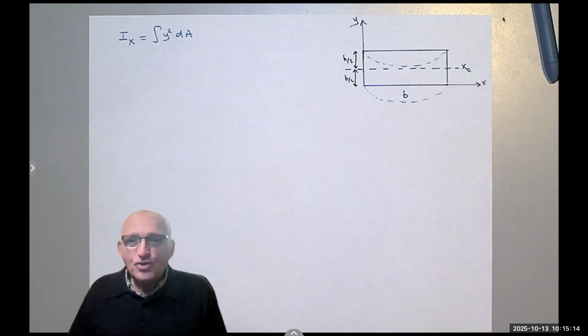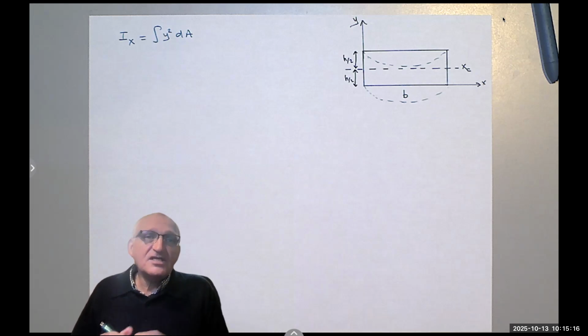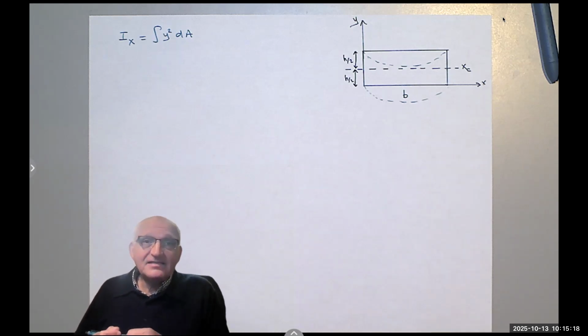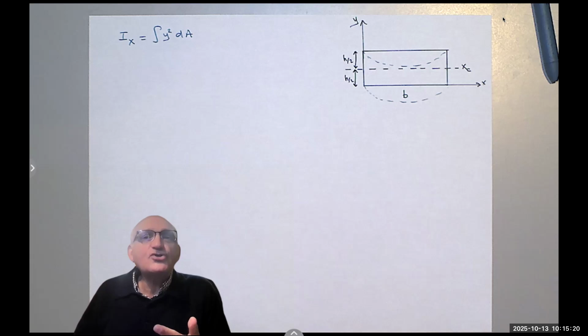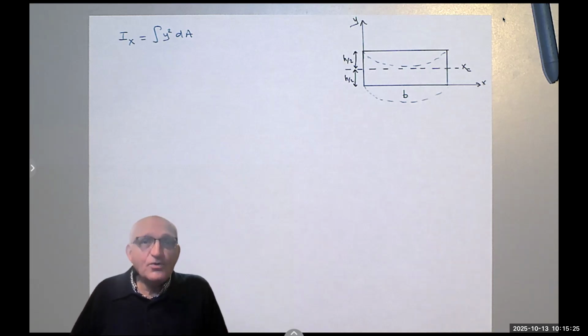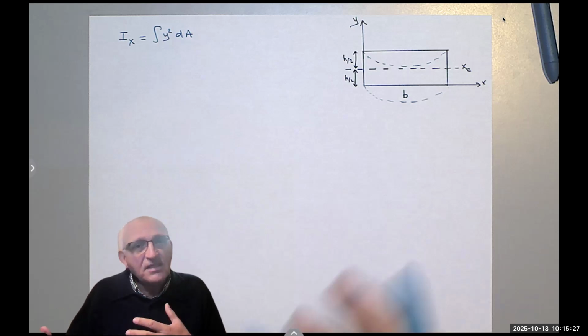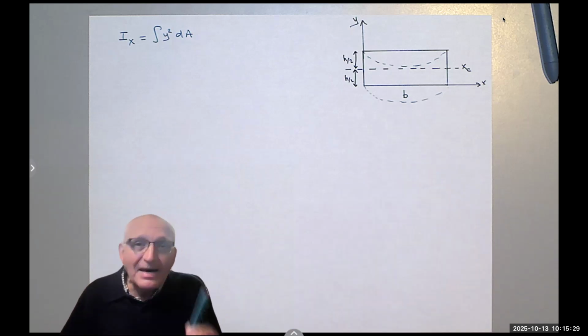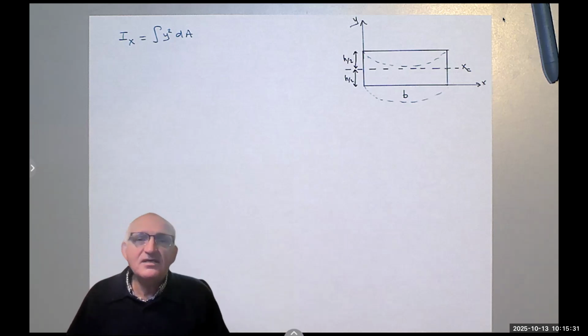To find the centroid, remember, if you follow the sessions of engineering statics, you were taking the first moment about the origin. The first moment about the origin gave me the mean. The second moment about the mean gave me the variance.